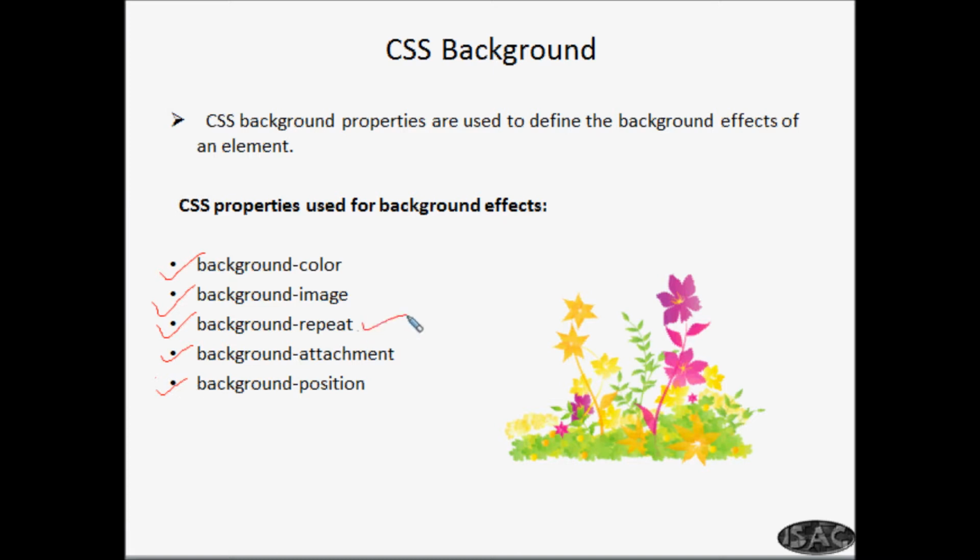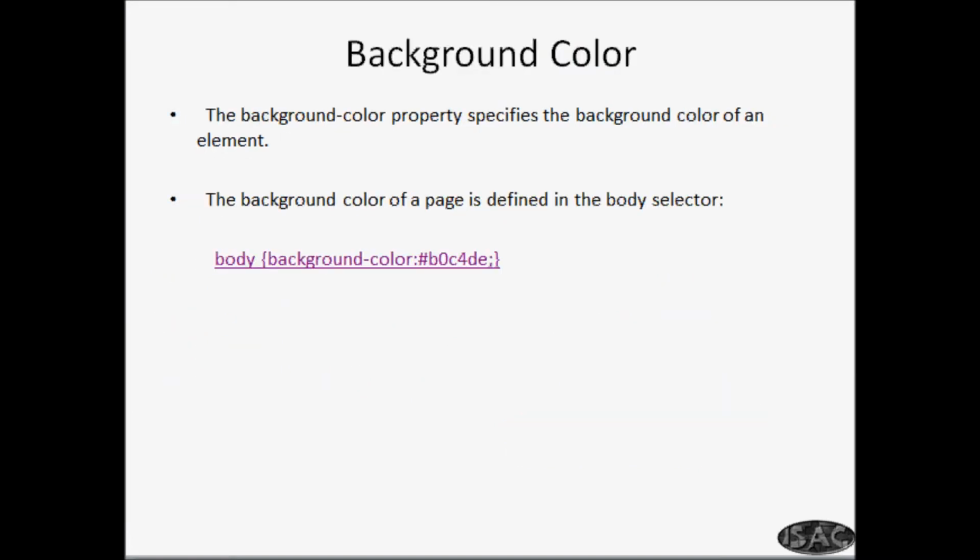There's repeat-x, repeat-y, and no-repeat is also there. Background attachment: whether you want the background to be fixed or scrollable. Positions: you can set some positions of the background. Okay, let us understand how to use this background.